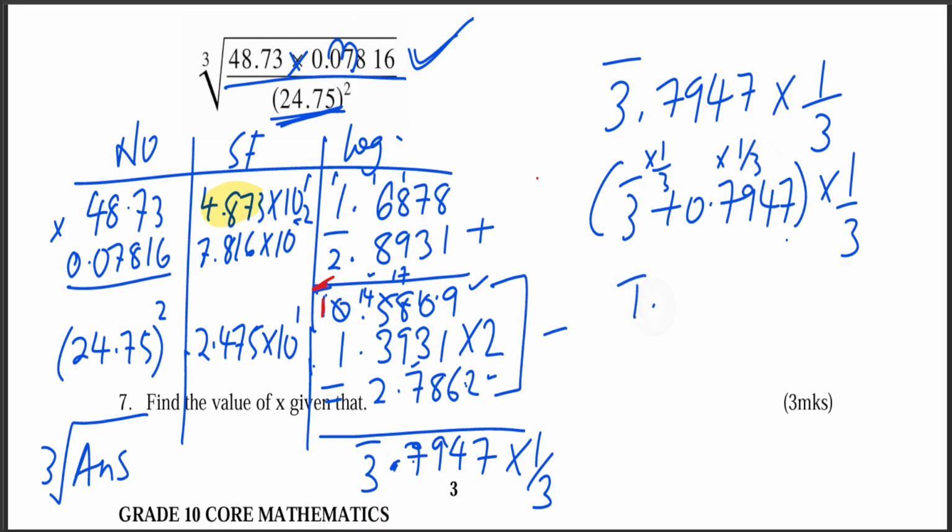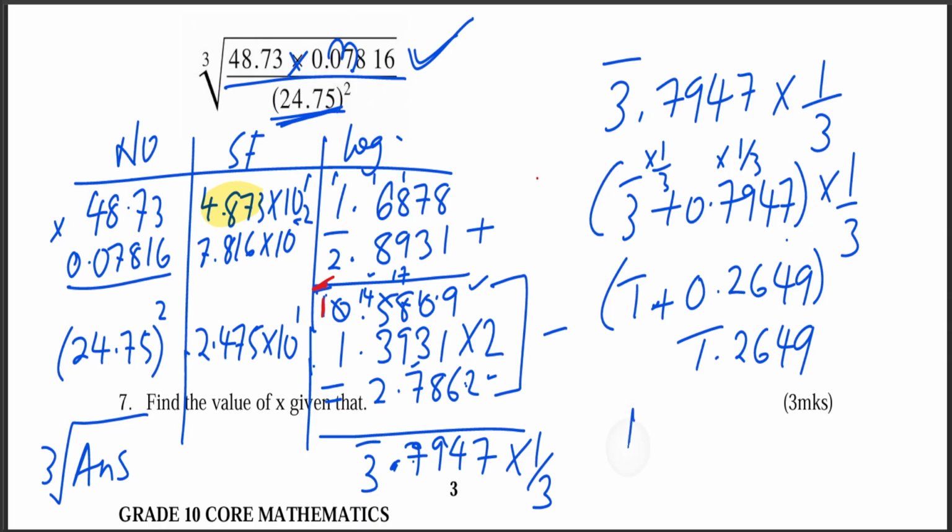So this will be bar 1 plus 0.7947 divided by 3, it will give you plus 0.2649. If you now bring them together it will be bar 1.2649. That is not your answer, so you must do the antilog of that.